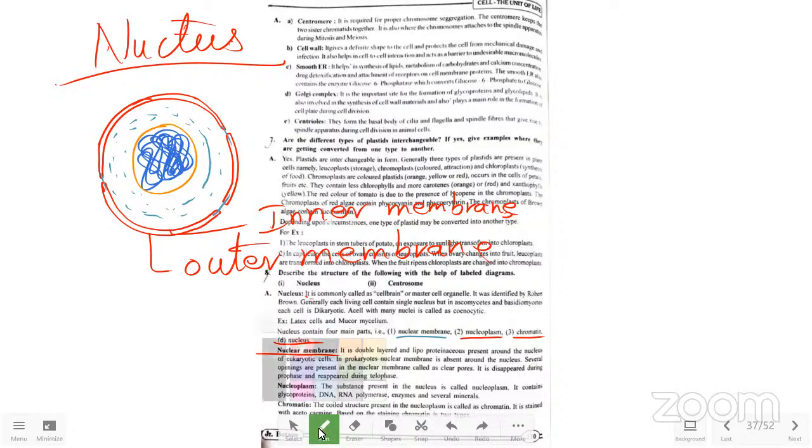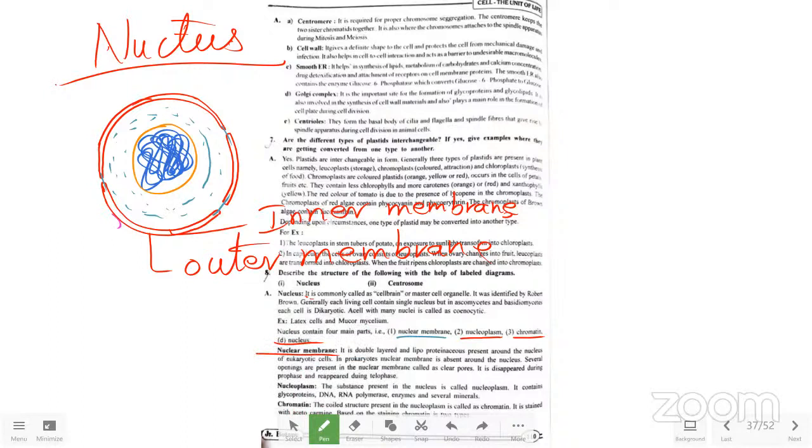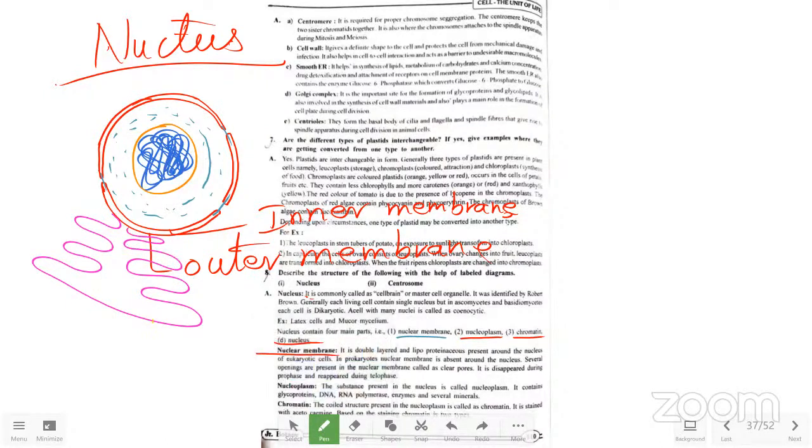The outer membrane has ribosomes on its surface, so this is called the rough endoplasmic reticulum.